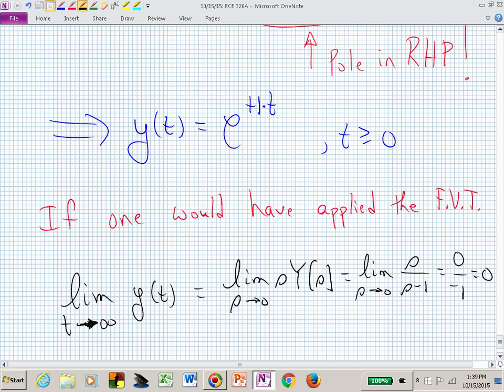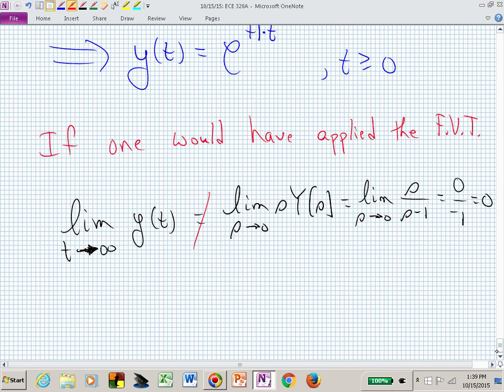Good. But is it correct? No. You can't apply it. This is an incorrect result.